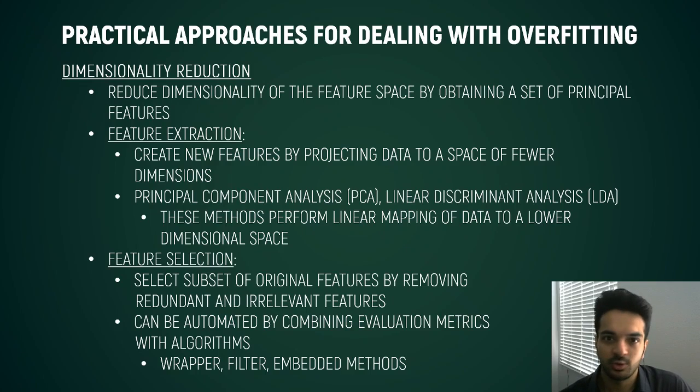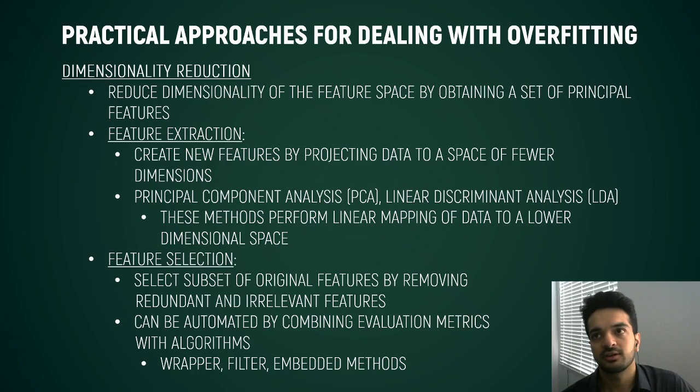A couple of ways for doing this is through principal component analysis, or PCA, and linear discriminant analysis, or LDA. Both these methods perform linear mapping of your existing data to a lower dimensional space.